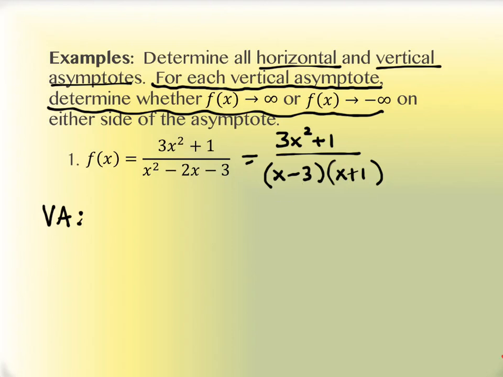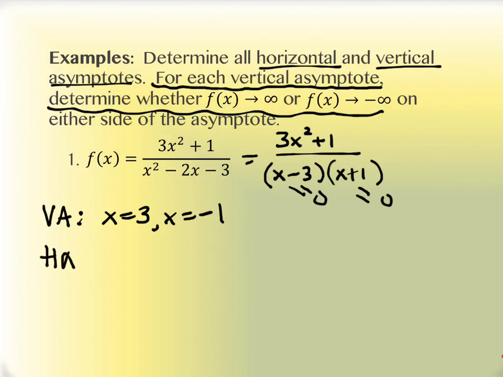Perfect. Okay, so using that information, what are my vertical asymptotes? 3 and minus 1. Right, so we set each of these equal to 0, and we solve them. So x minus 3 equal to 0 would give me x equals 3, and x plus 1 equal to 0 would give me x equals negative 1. I have two vertical asymptotes.